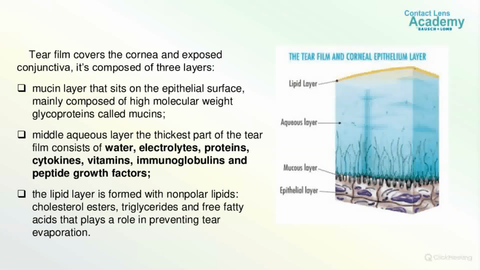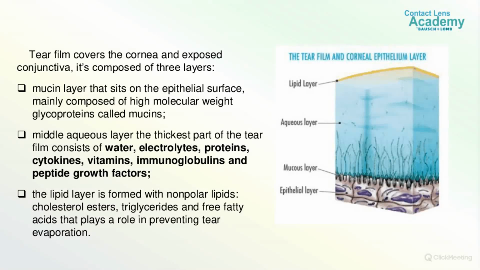The definition shows us that changes are mostly detected in the tear film as its instability. The tear film covers the cornea and exposed conjunctiva, and it is composed of 3 layers.